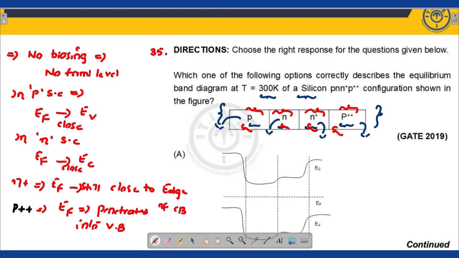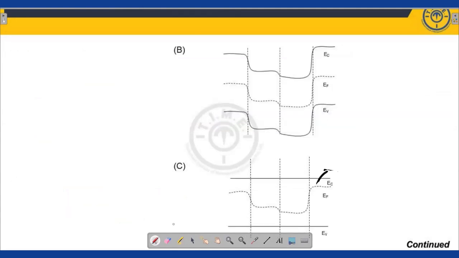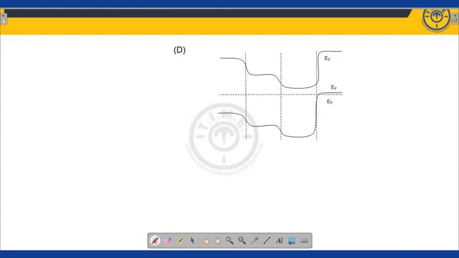This is the right option here, option D. Sorry for that, my dear friends. See here, this is the Fermi level at the center. This is the conduction band and this is the valence band.